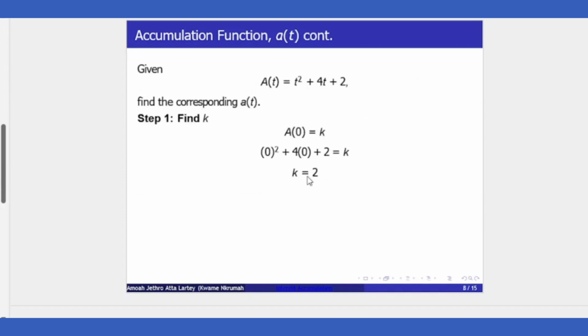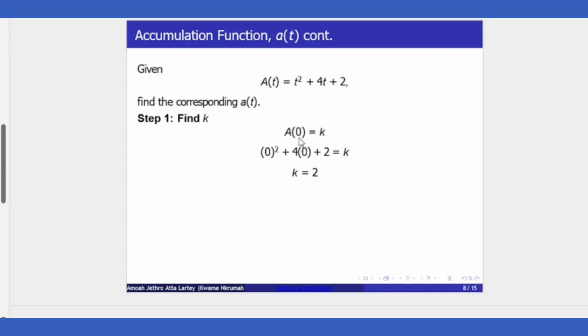So let's do some examples. For the accumulation function, we are given the amount function A(t), and we are to find the accumulation function small a(t), right? So to find it, we say a(0), the accumulation function at time 0, is what?